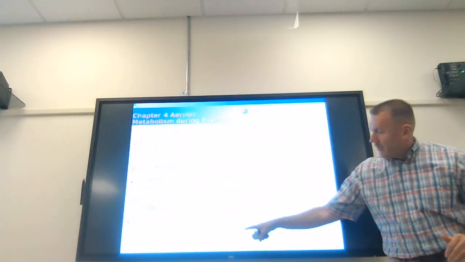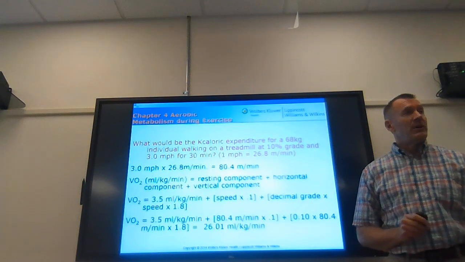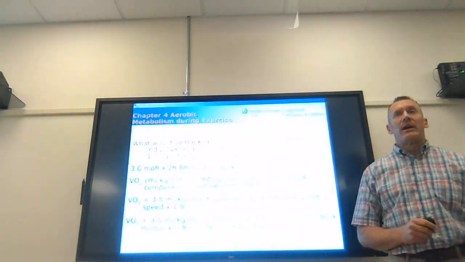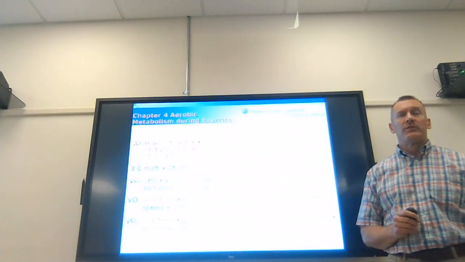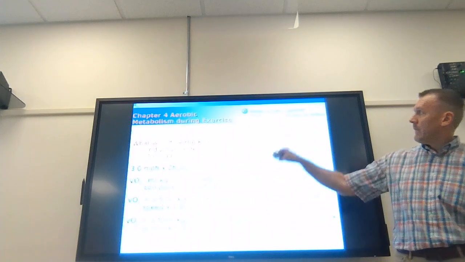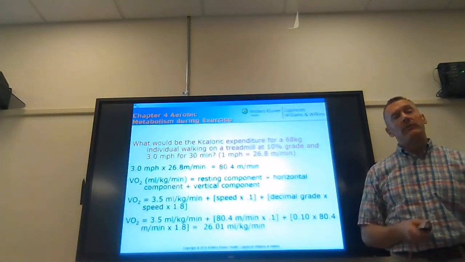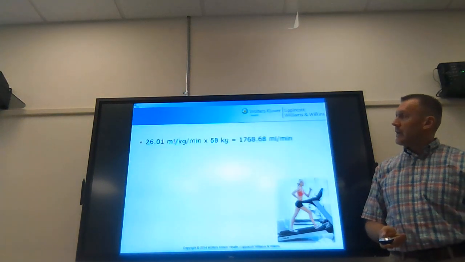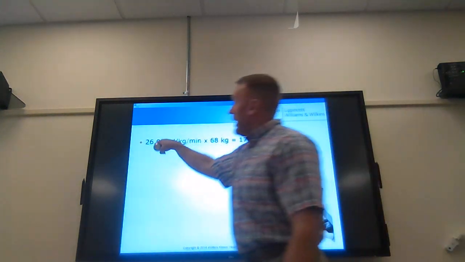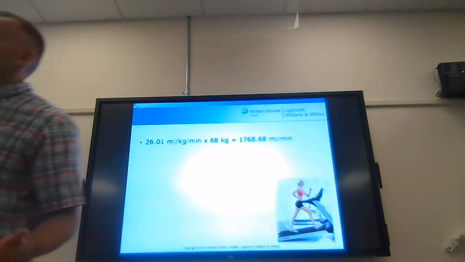So we need to take that number and we need to get kilograms out. How do we get kilograms out of that? We multiply by what? Yeah, you know your body mass. So we can go to the next slide here. Okay, so we have that number, total oxygen consumption.